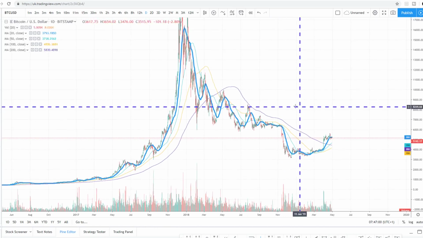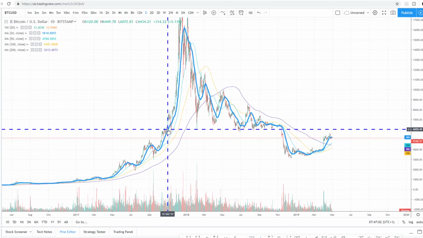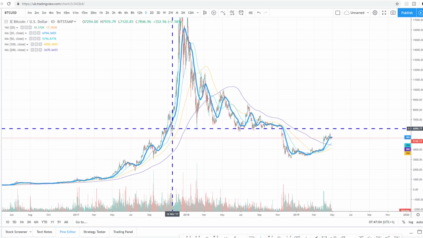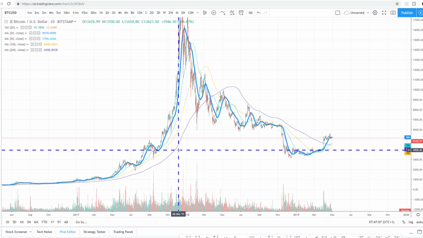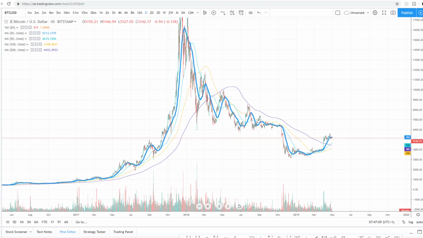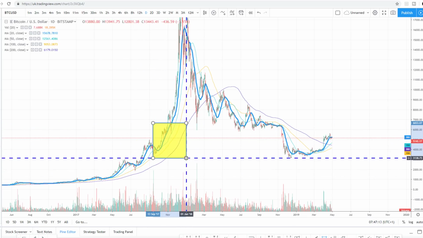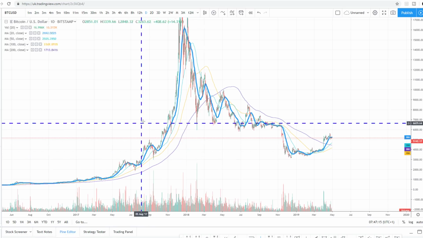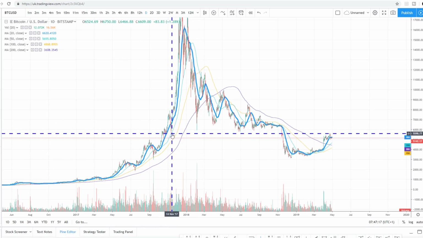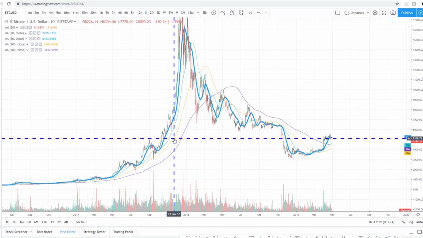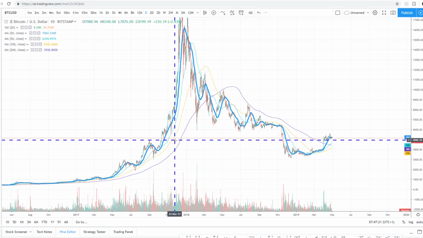As you can see here, the larger blue line is the 20, that's the 50, that's the 100, and that's the 200. And what you have here is a phenomenon that we call stacking. It's very obvious what that means. All that means is the 20 simple is above the 50, which is above the 100, and the 100 is above the 200.